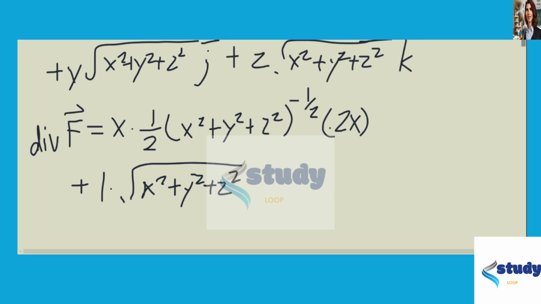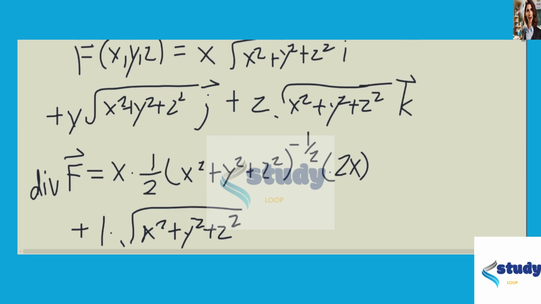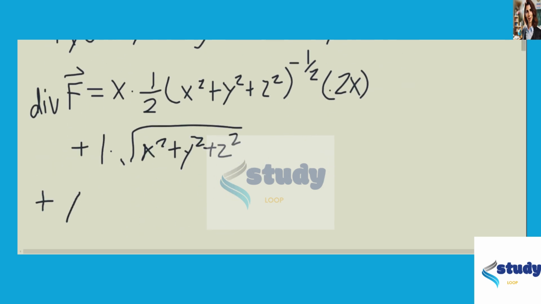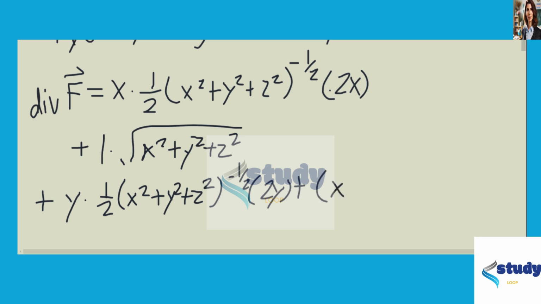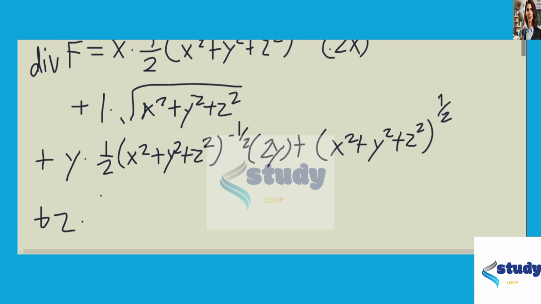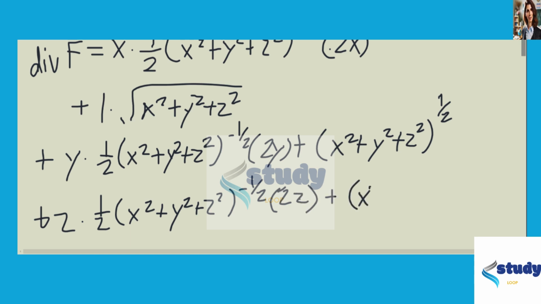And in fact, we repeat this pattern with y and z taking the role of x, so we add y times 1/2 times x squared plus y squared plus z squared to the negative 1/2 times 2y plus x squared plus y squared plus z squared to the 1/2, plus z times 1/2 times x squared plus y squared plus z squared to the negative 1/2 times 2z plus x squared plus y squared plus z squared to the 1/2.